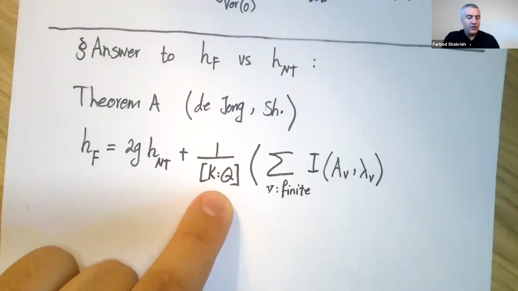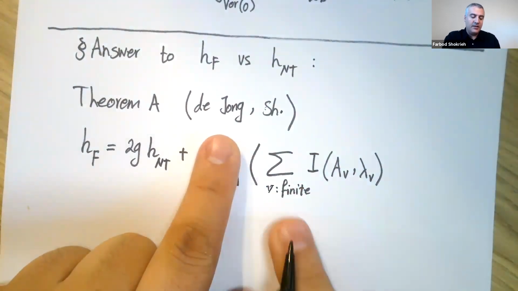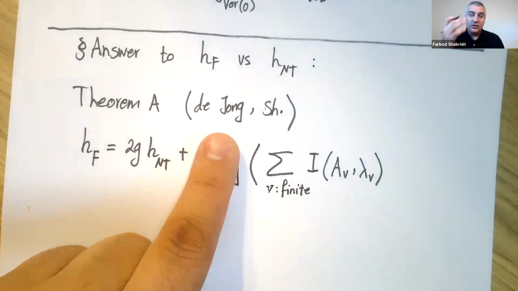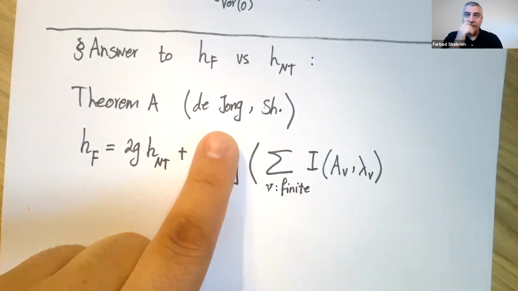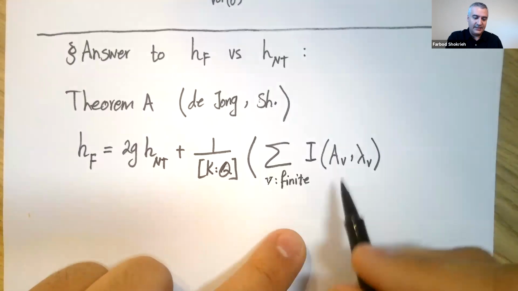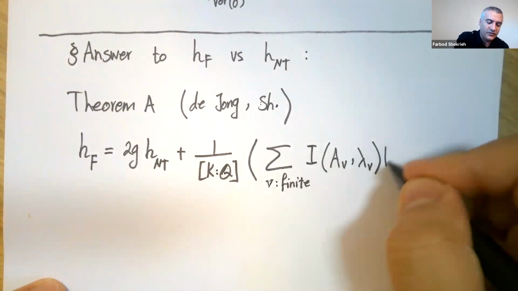So think of K as being Q. Finite places are prime numbers. So for any prime number, you have an abelian variety over, say, Q_p. And as I will say, this gives you a lattice. That's what I compute the moment of.